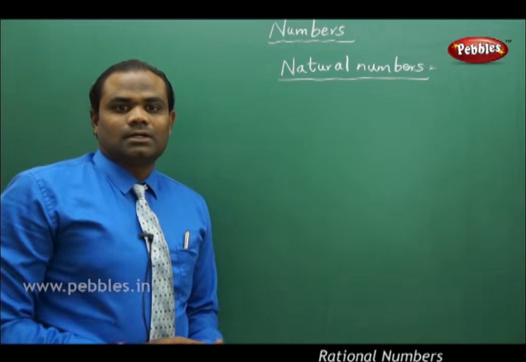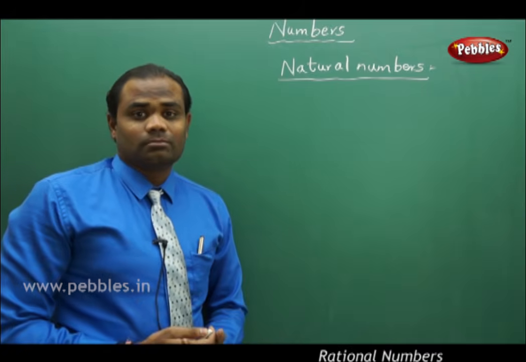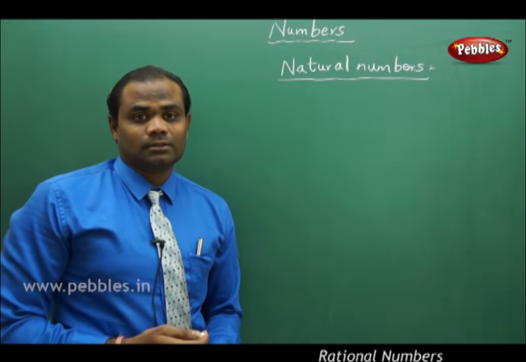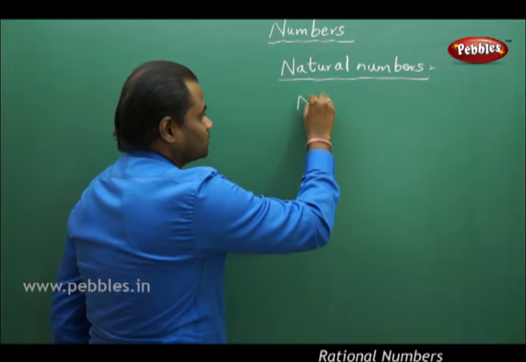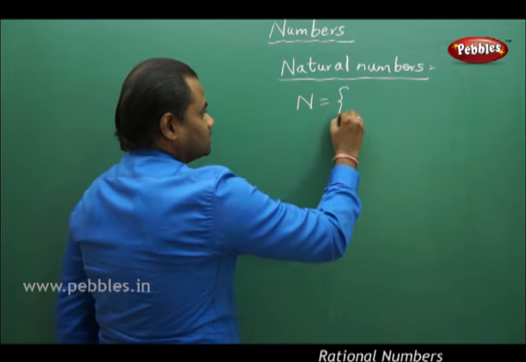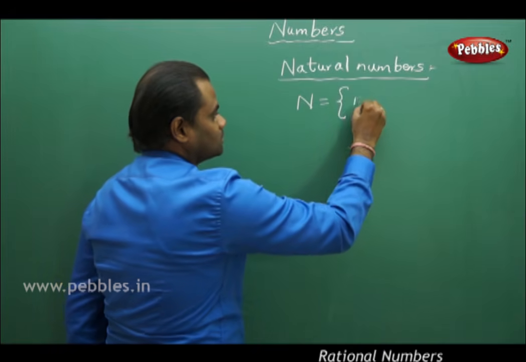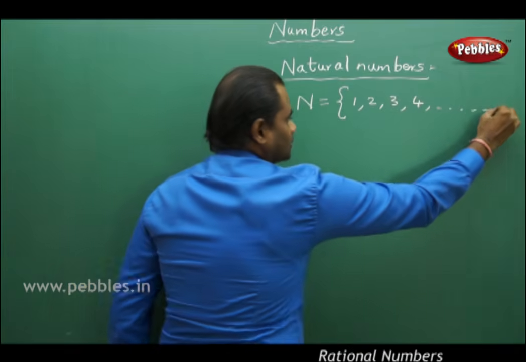Natural numbers are the numbers which are expressed in the numerator form, but they do not have the denominator. For example, natural numbers are generally denoted with N, and the set notation for natural numbers would start with 1, 2, 3, 4 and so on.